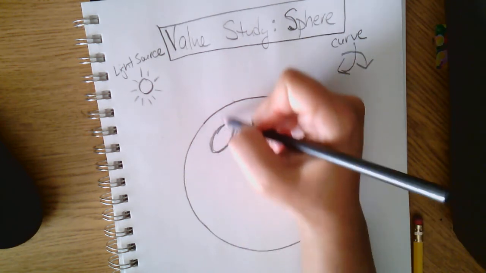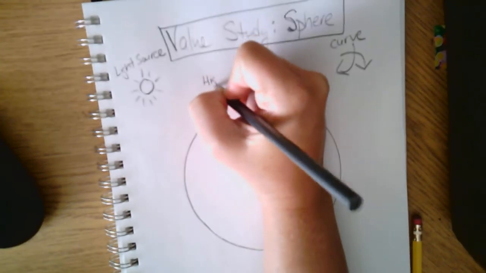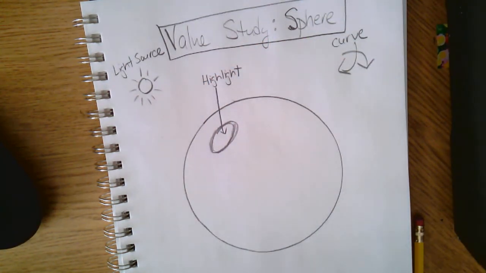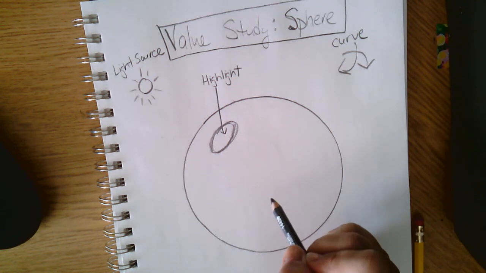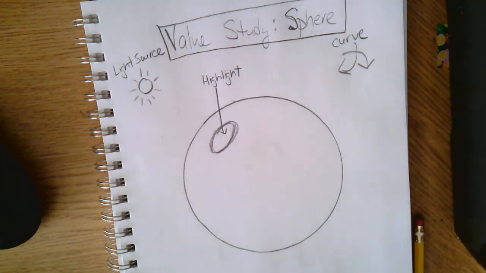So this is going to be my highlight, where it's going to be the brightest. You want it to go right down? Yes, write it down too. This will hopefully help you later on. Yeah, this is practice.